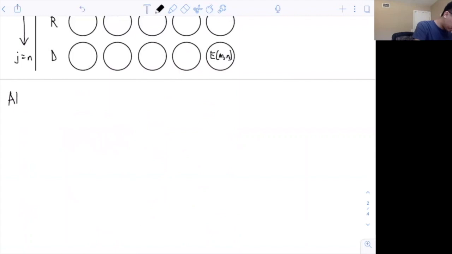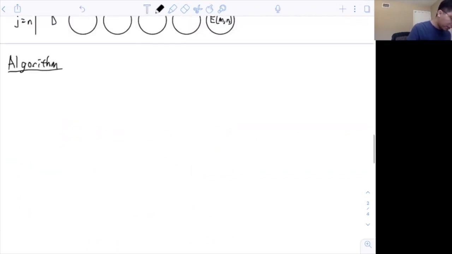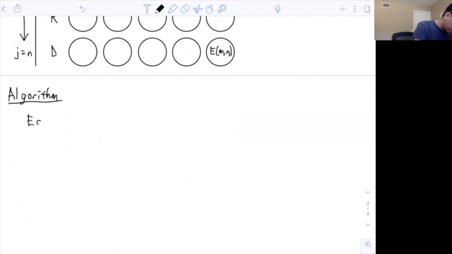So our algorithm here, remember the function edit distance takes in two strings, x, which is a length m string, and y, which is a length n string.